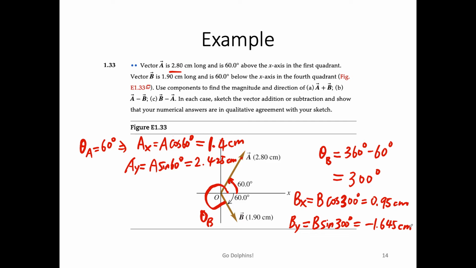So we find the components of A, AX, AY. We find the components of B, BX, BY. Now we need to use components to calculate A plus B, A minus B, and B minus A, finding the magnitude and direction.